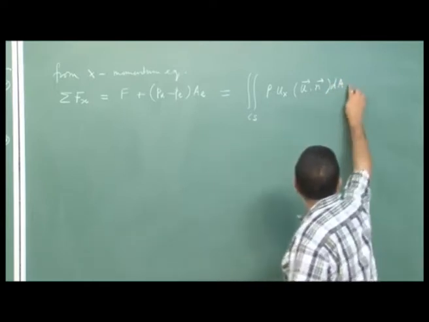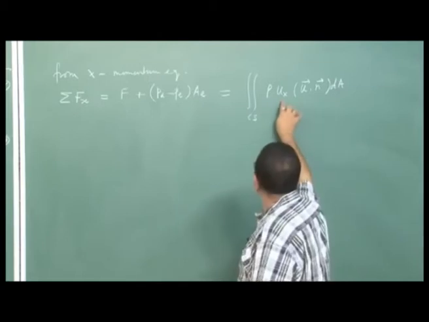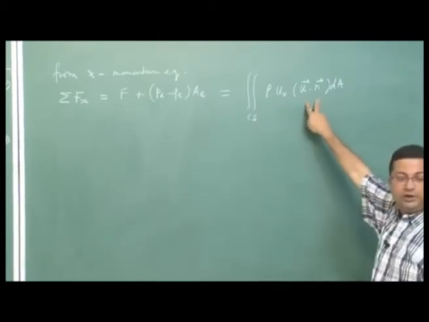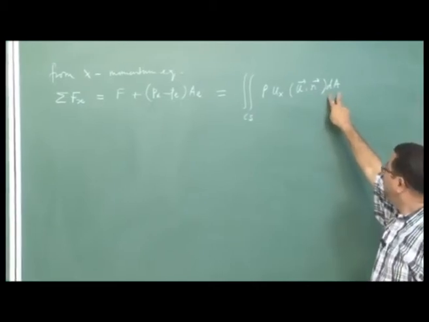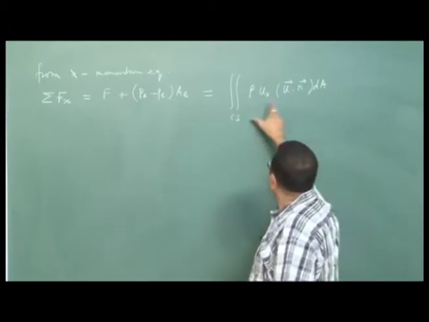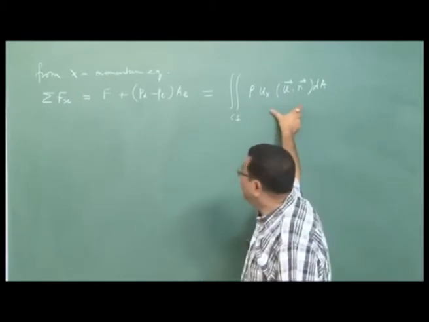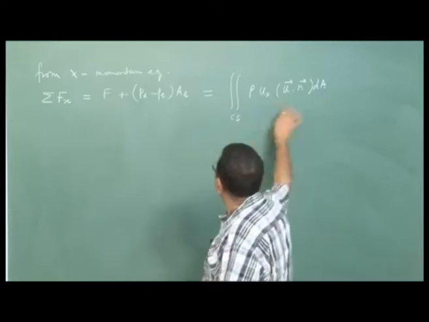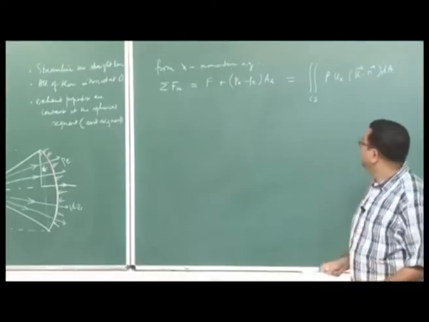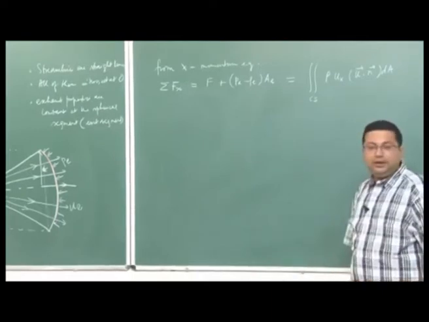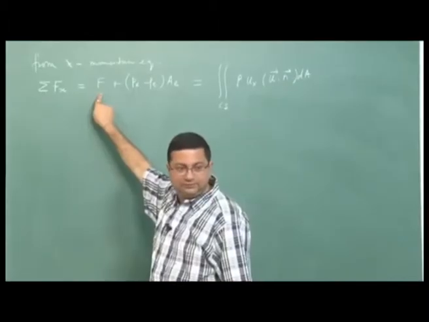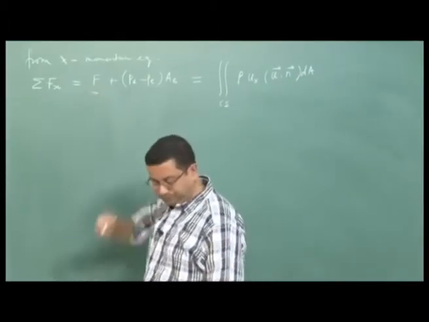That is the x momentum, u x is the x component of velocity, u dot n is the normal component, normal to the area, dA is the infinitesimally small area, rho is the density. So, this is the momentum flux out of the control volume, and this is our x momentum equation. Now, from this equation we will try to get the expression for this reaction force F, that is our thrust. This is what we want to estimate.